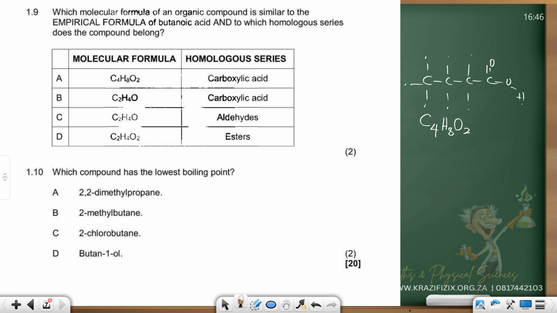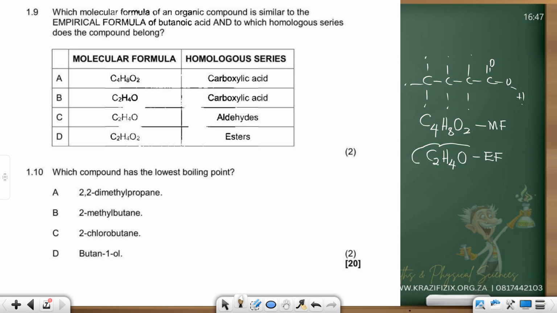It says, which molecular formula of an organic compound is similar to the empirical formula? Now, what's the empirical formula? Grade 11. Let's write this as a ratio. Divide everything by 2. It's C2H4O. That's the empirical formula, and this is the molecular formula.